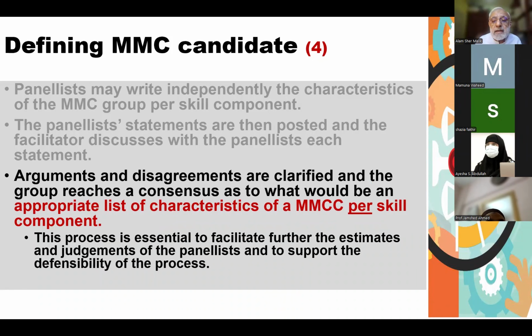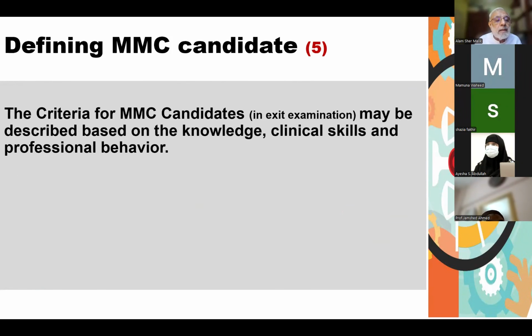Arguments and disagreements are clarified and the group reaches a consensus as to what would be an appropriate list of characteristics of a minimally competent candidate per skill component. The station or the question would be different. This process is essential to further facilitate the estimates and judgments of panelists and to support the defensibility of the process, right?